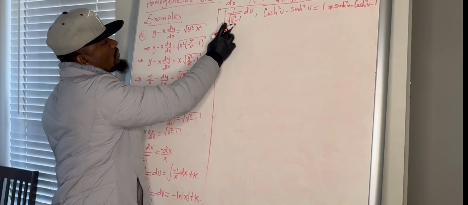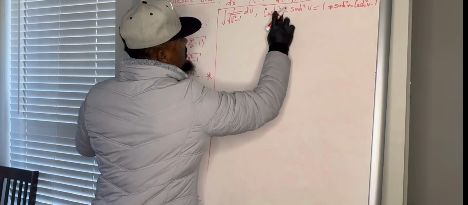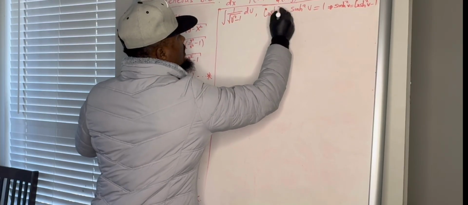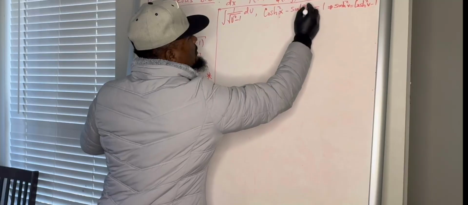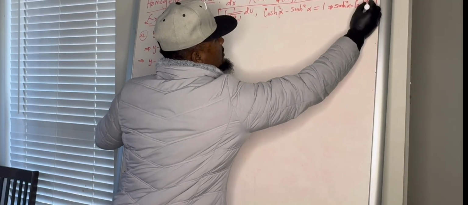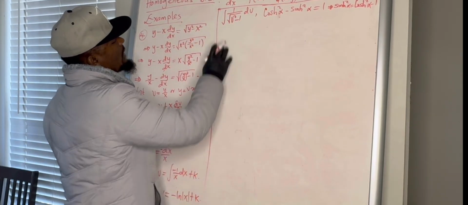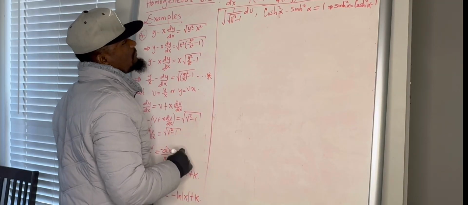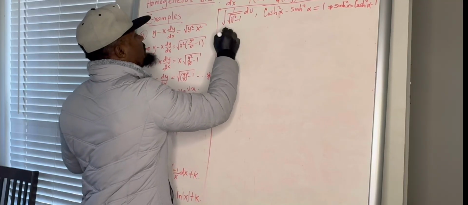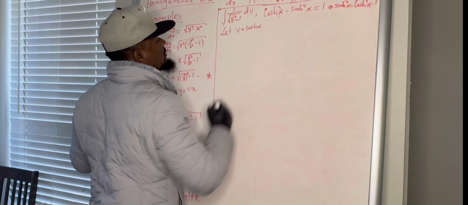Because this is v and I'm putting this in terms of v, let's change this to x or to some alpha, just not to get things mixed up. Let's put this as alpha. All right? Now, we can say let v be equal to cosh alpha.